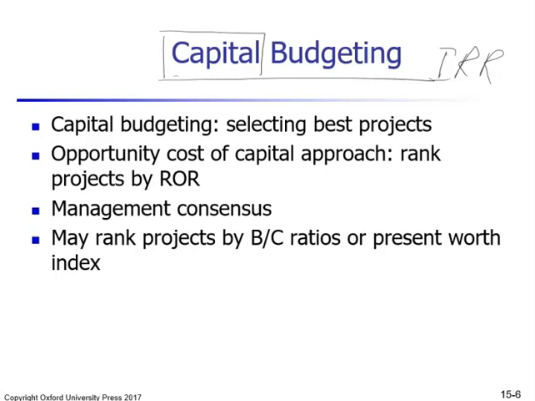So you are going to rank projects based on ROR, IRR, and after that you start funding them from high to low, and you go as far as you have enough funds to invest in those projects.